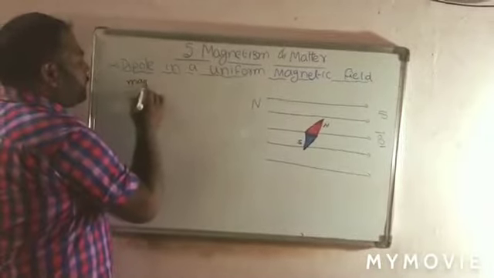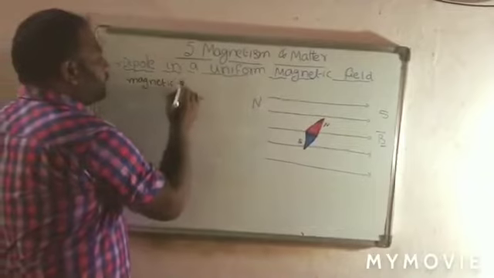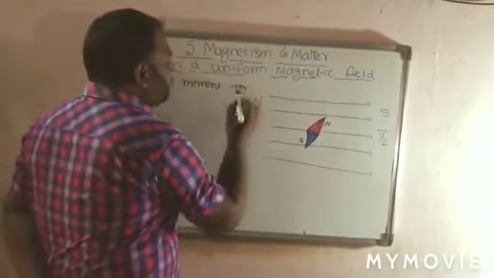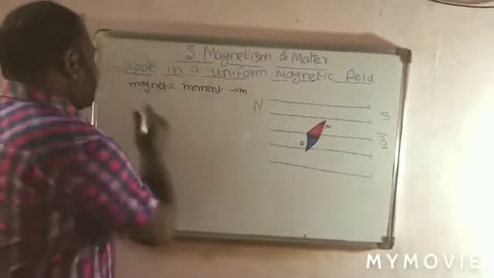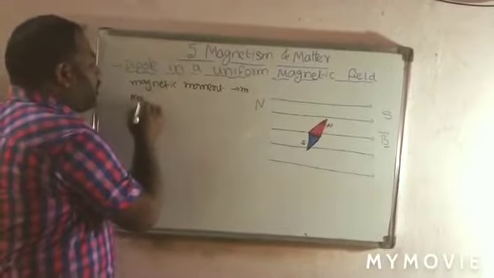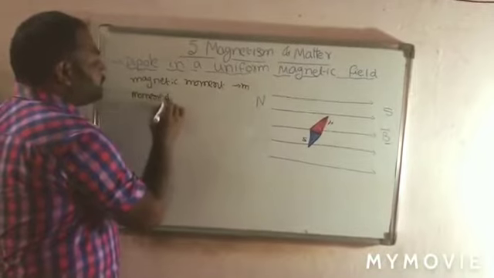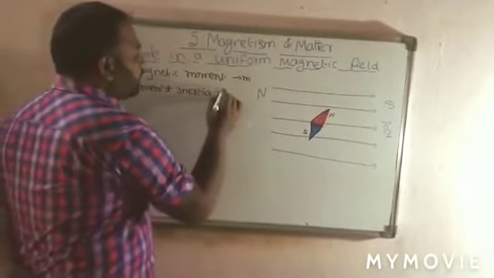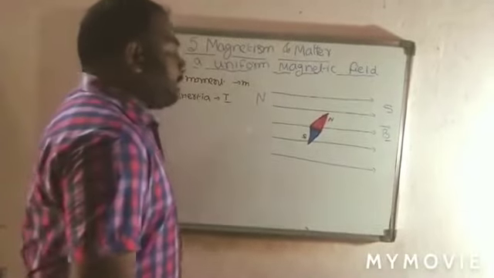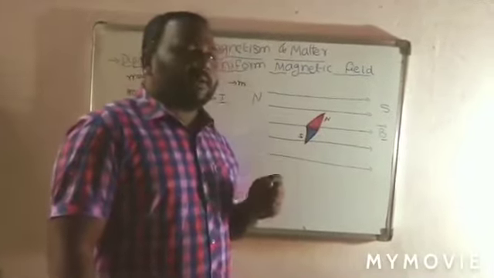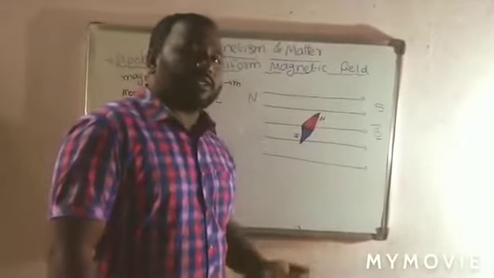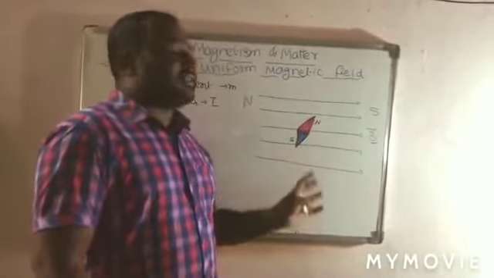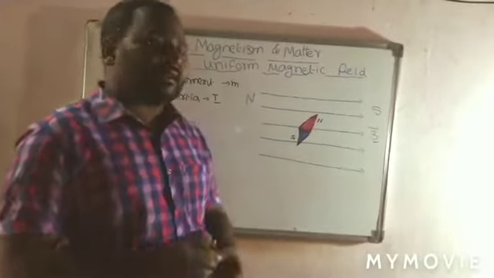Here the magnetic moment or dipole moment is represented with the small m, and moment of inertia is nothing but capital I. It means when we place a dipole, it takes rotational motion. The rotational motion object has a moment of inertia. That moment of inertia can be taken as I.